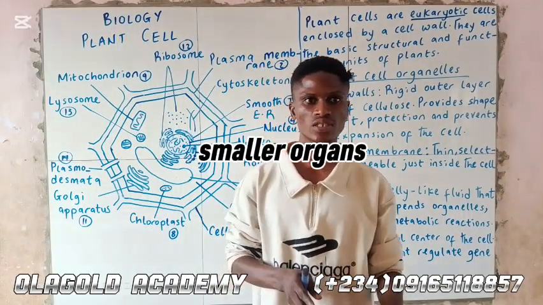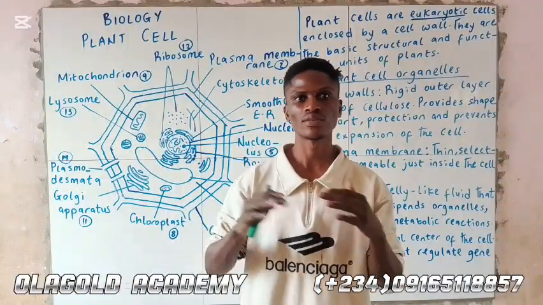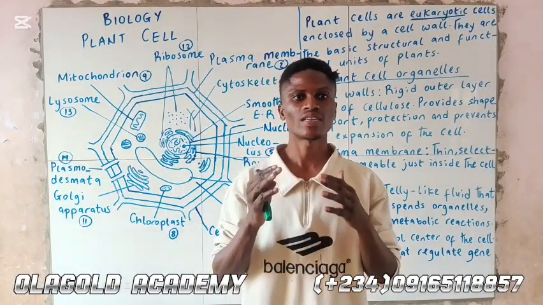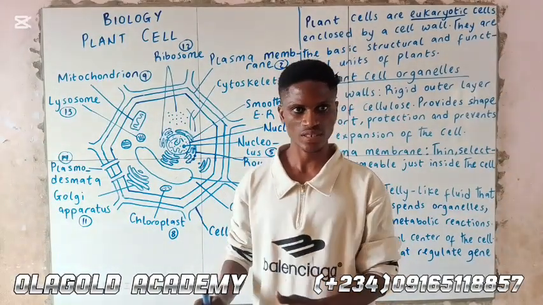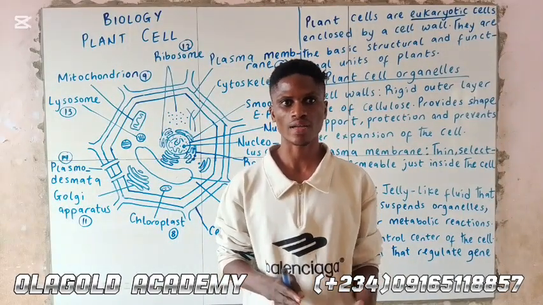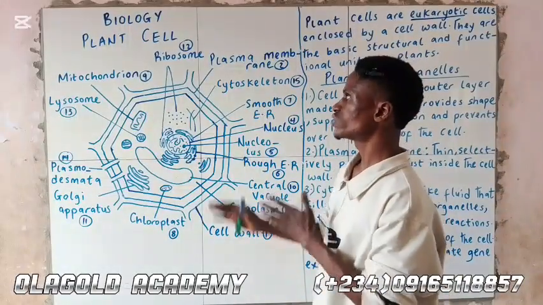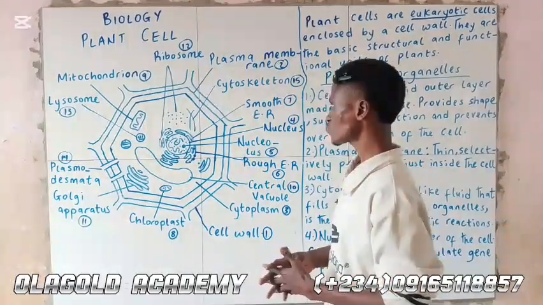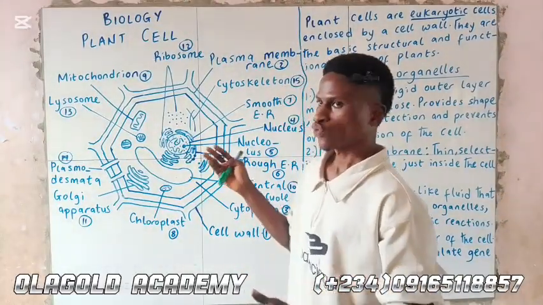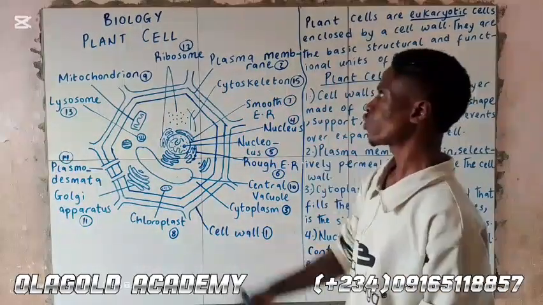We have organs of the body such as the hand, the eyes, the nose, the mouth, and every other part of our body. Those are organs. Organelles are smaller organs, and examples are found in the cell. Alright, so we'll be considering them one after the other.